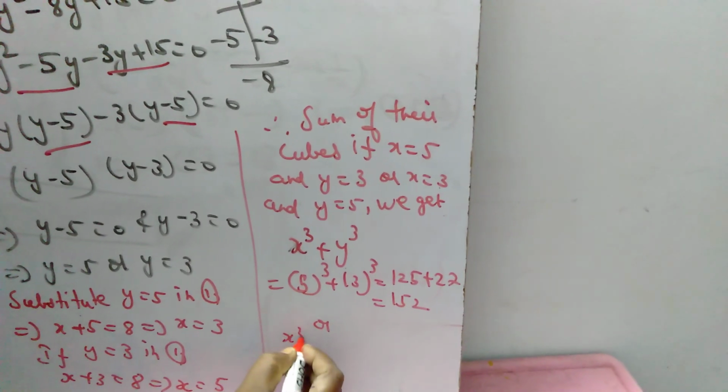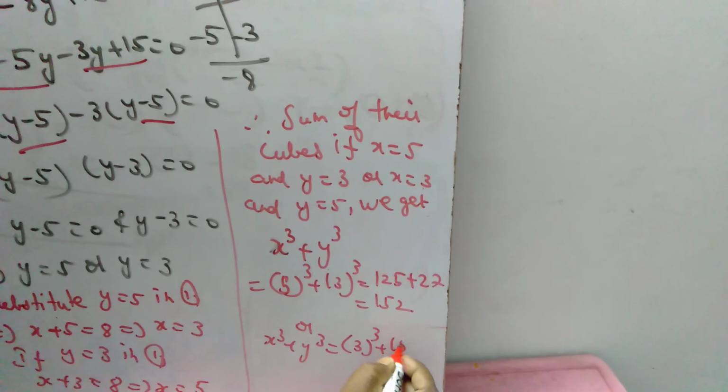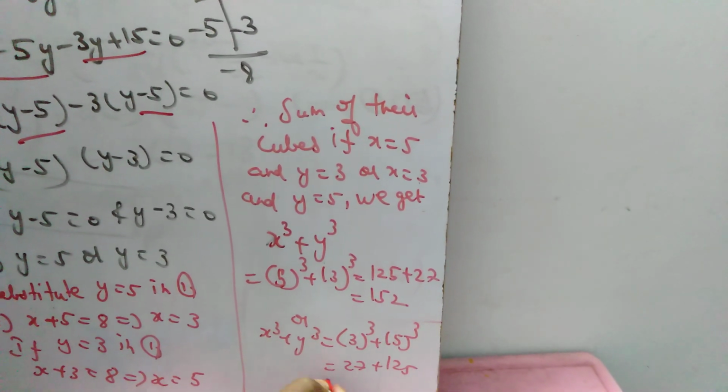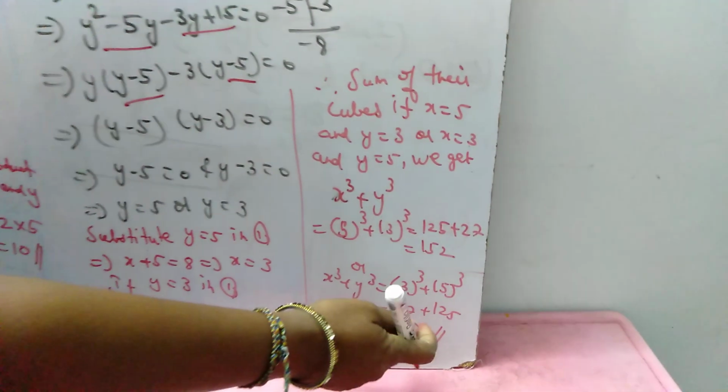Or 3 cube plus 5 cube, also the same, 27 plus 125 equals 152. So therefore the sum of the cubes is equal to 152, which is the solution.